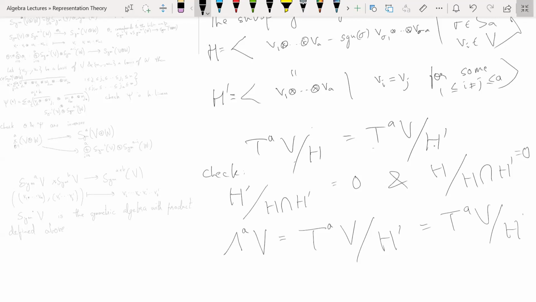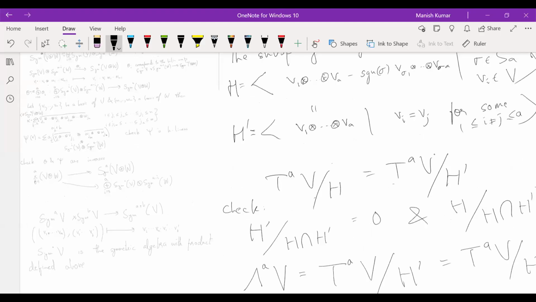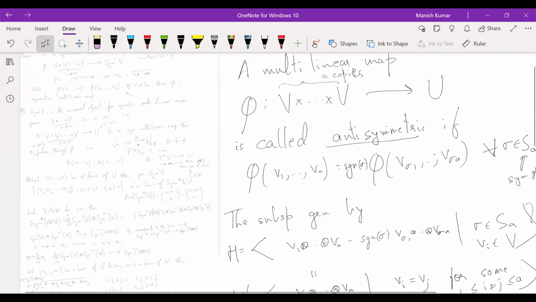Maybe since we are over time, I'll just complete the parallel thing tomorrow. I'll do the parallel analogy tomorrow about the exterior power, and then we will show that both the exterior power and symmetric power you can write as subspaces of SymAV.